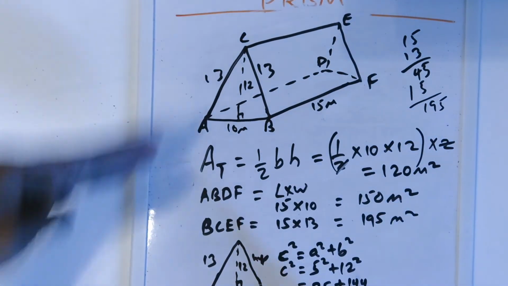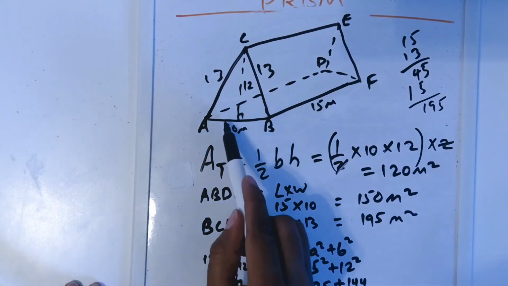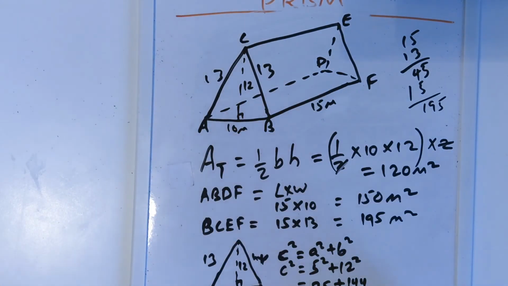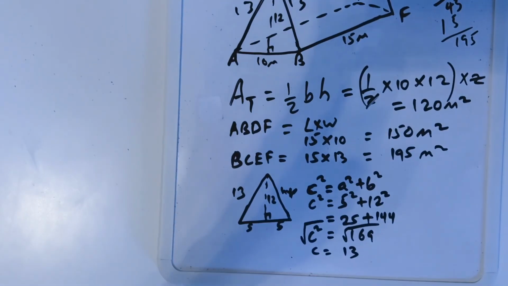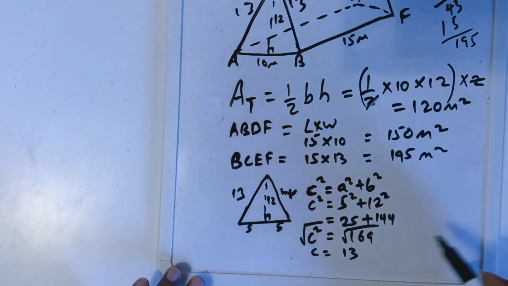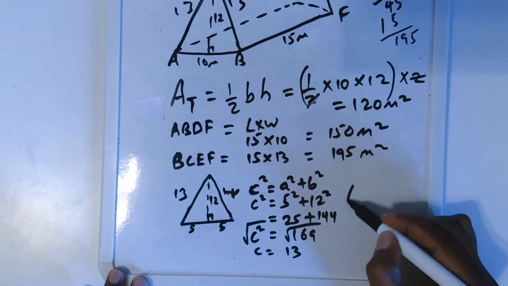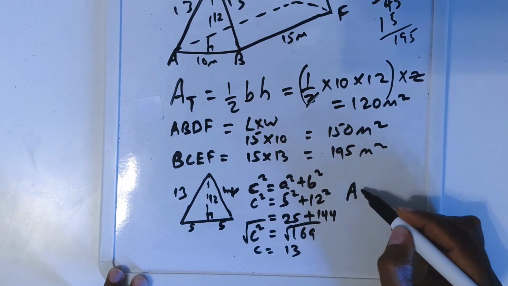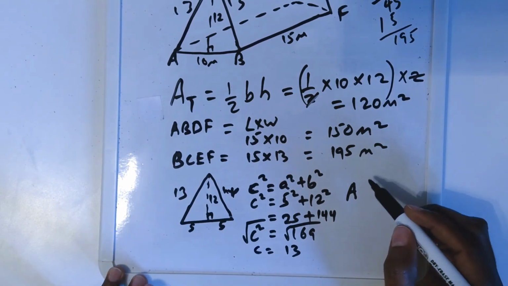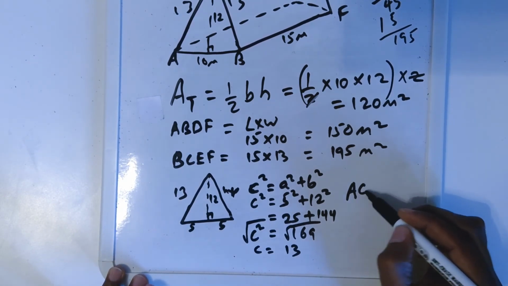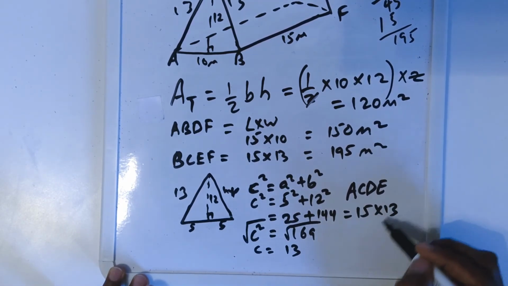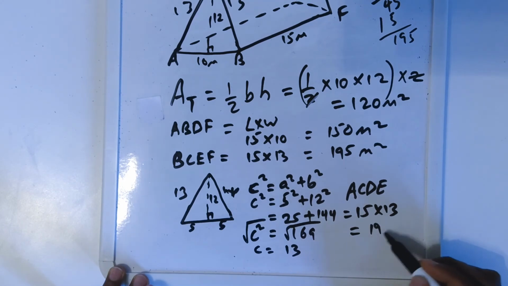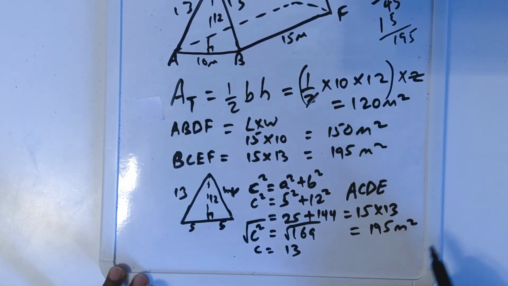What about the one on the left side? That will give me 15 times 13 also. So the area of rectangle ADEC is also equal to 15 times 13, which is equal to 195 meters squared.